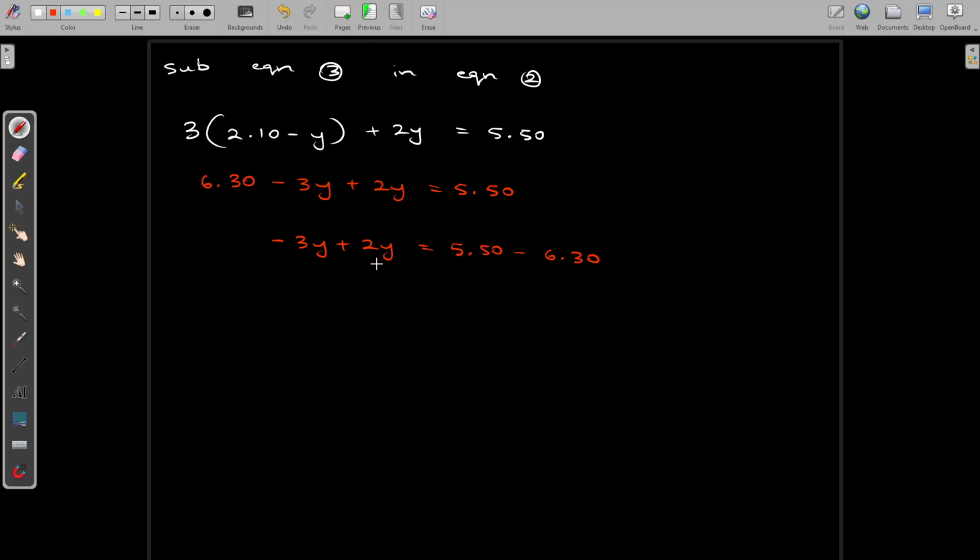So this is negative 3 and positive 2. So this would be just negative 1y is equal to negative 0.80. So after we subtract this, we get negative 0.80. So therefore, to get y, we divide by negative 1.